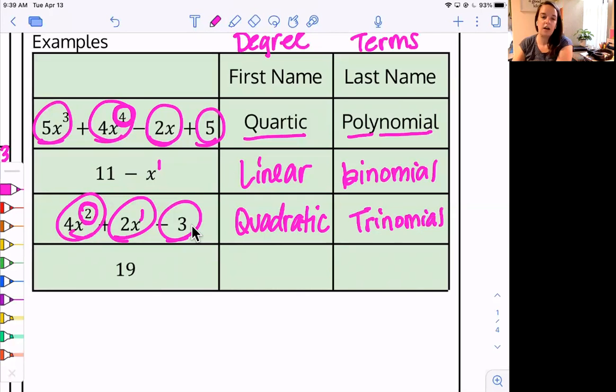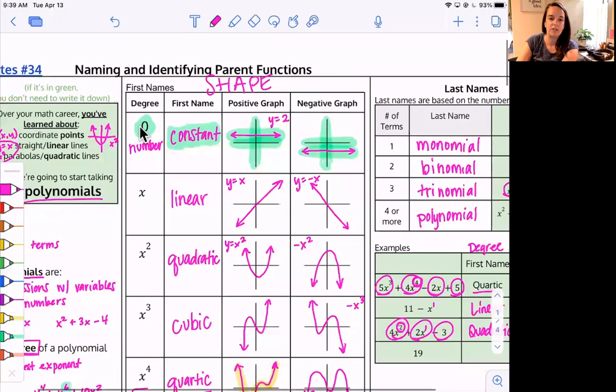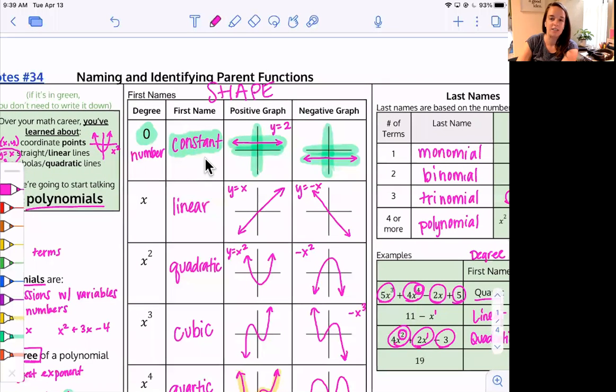All right. Our last one. What is our degree of 19? Yes, good job. It's a constant. There's no x here. It's just a number. So remember, with our degree of 0, that's just a number. It's a constant.